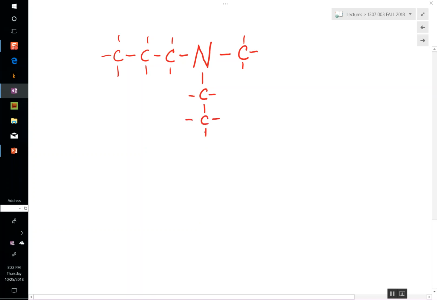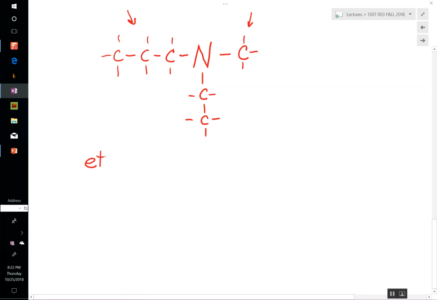So there's an amine. It is a simple amine. The longest continuous chain of carbons is just 3 carbons long. So we got 3 carbons here on the left, 1 carbon on the right, and 2 carbons underneath it. And so we have, just name them.